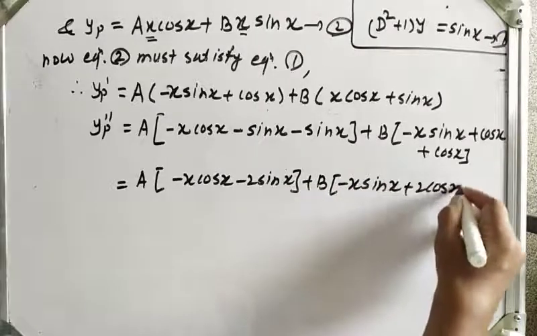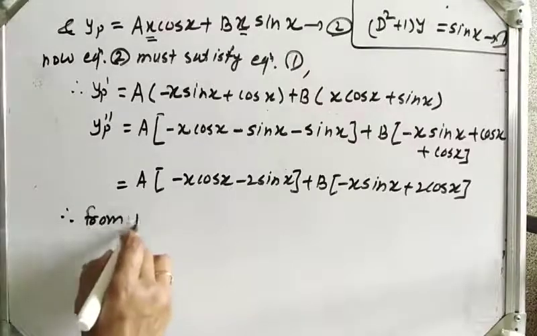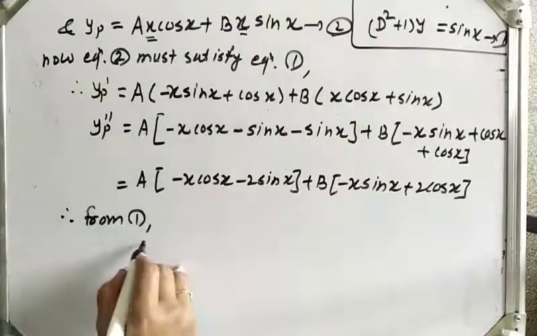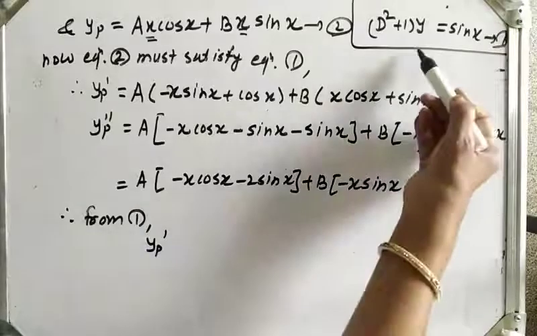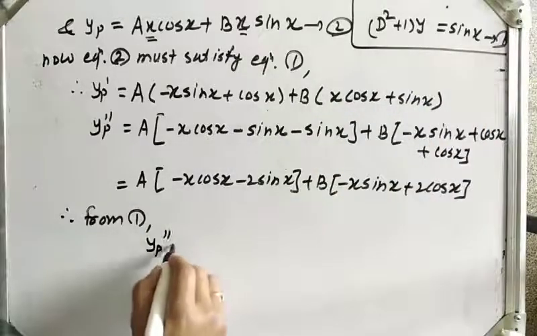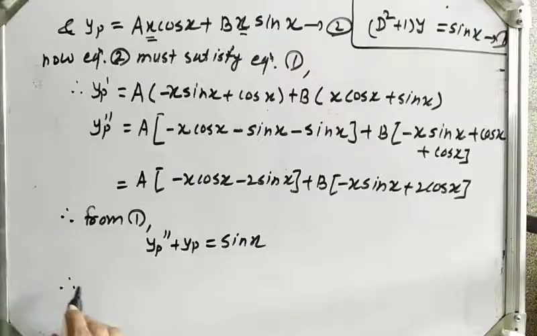which is equal to a (minus x cos x minus 2 sin x) plus b (minus x sin x plus 2 cos x). Okay, therefore from 1, what is equation 1? yp should satisfy 1, meaning we replace y by yp. So that will be yp double dash plus yp is equal to sin x. Therefore, what is yp double dash?